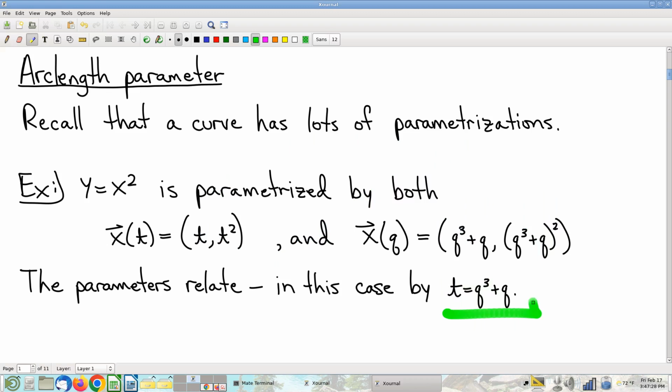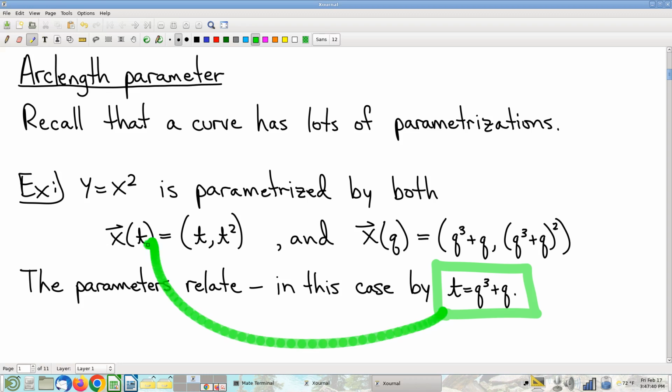Whenever you can find an algebraic relationship between parameters, you can turn one parameterization into a new parameterization by just literally plugging in for what your first parameter is, and then everything will come out in terms of the second parameter. So this is called a reparameterization.